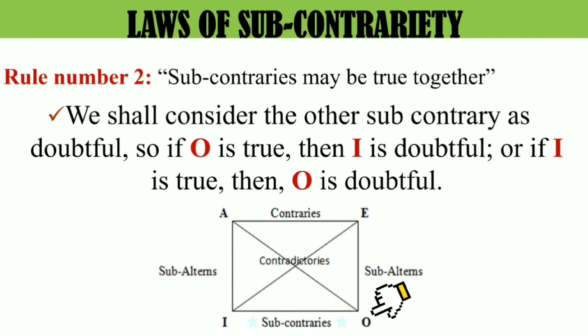If O is true, then I is doubtful. Or if I is true, then O is doubtful. True, doubtful, true, doubtful. Subcontraries may be true together.